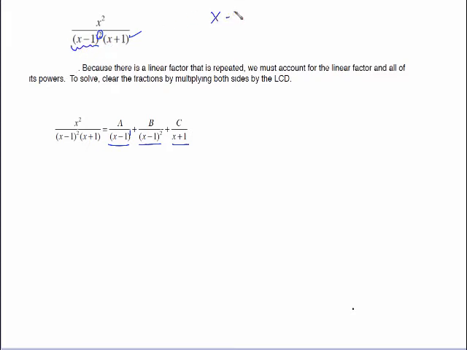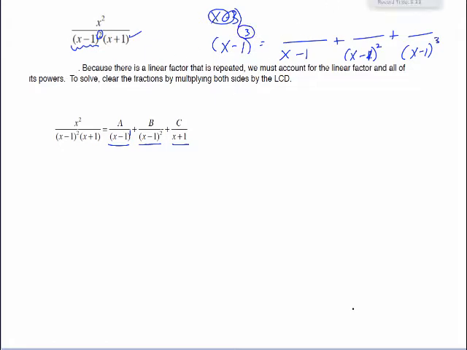But pretend this had been x minus 1 cubed. Then I would have to lay out the possibility that there's an x minus 1. There would be a possibility of an x minus 1 squared and the possibility of an x minus 1 cubed. That's why it says we must account for the linear factor and all of its powers. All of its powers up to this power that was in your original denominator.